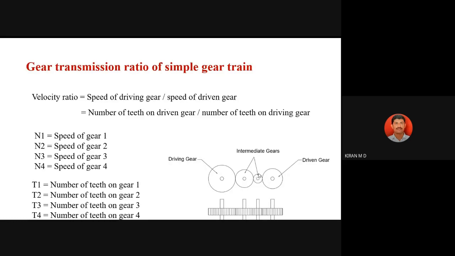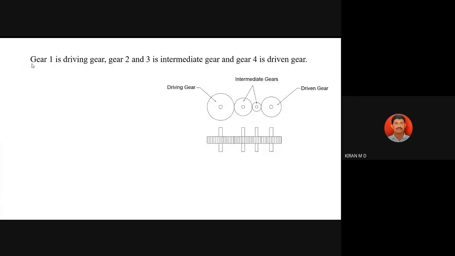Similarly, gear 3 will transmit the power to gear 4, so N3 divided by N4 is equal to T4 divided by T3.